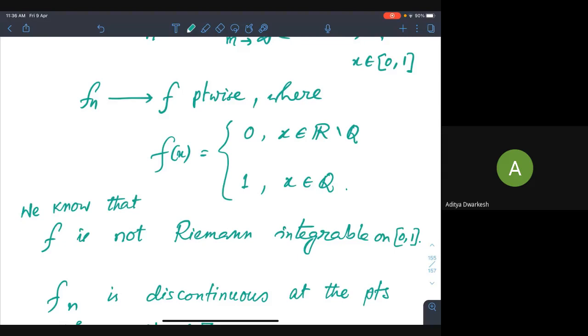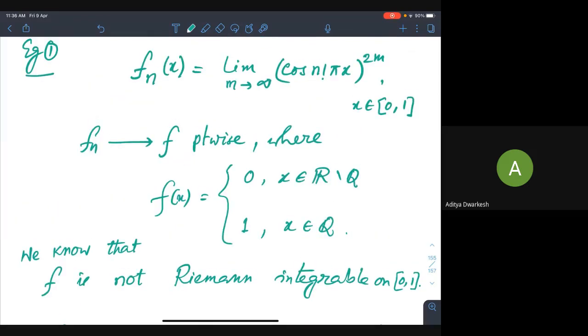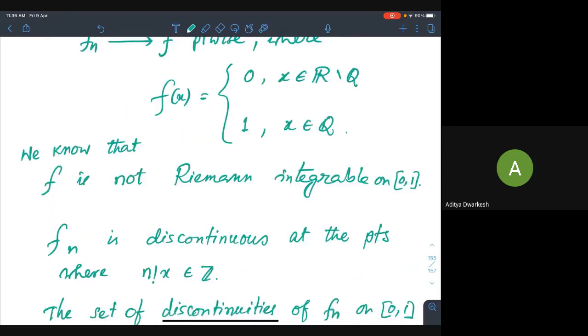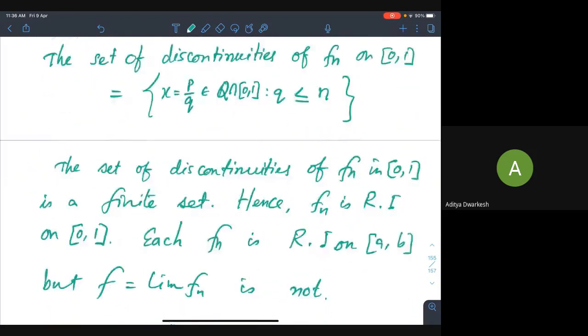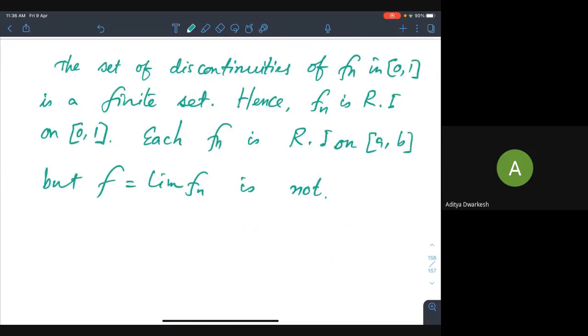It's the Dirichlet function, our standard example, which is not Riemann integrable. Even Riemann said it's a bizarre function. So it comes as a limit of Riemann integrable functions. So the pointwise limit can be very, very bizarre.